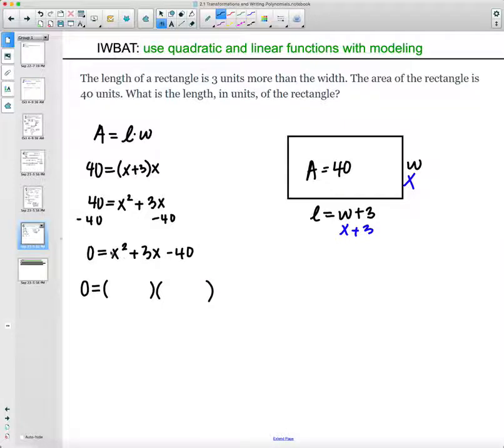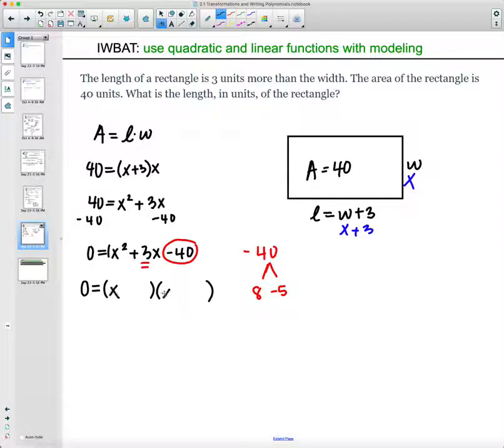So this has an a value of 1. So all we need to do is figure out the factors of -40. So two numbers that multiply to -40 and add to 3. So 8 and 5. And we want the 5 to be negative because 8 minus 5 is positive 3.